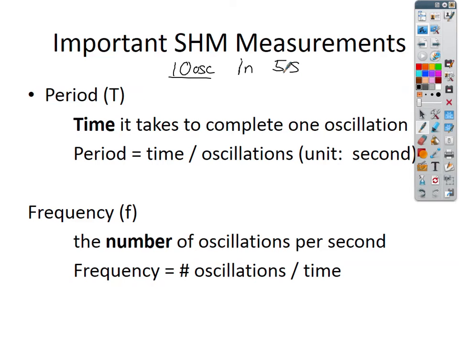What would the period be? Period would be 5 seconds over 10 oscillations, which goes down to 0.5 seconds. There is no unit for oscillations because it's a counting number, so we don't include it. And again, it could be pulses or any of those things. So period is measured in seconds, 0.5 seconds would be the period. So every 0.5 seconds, an oscillation occurs.